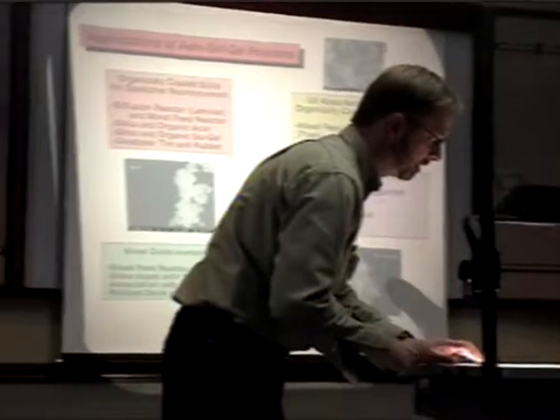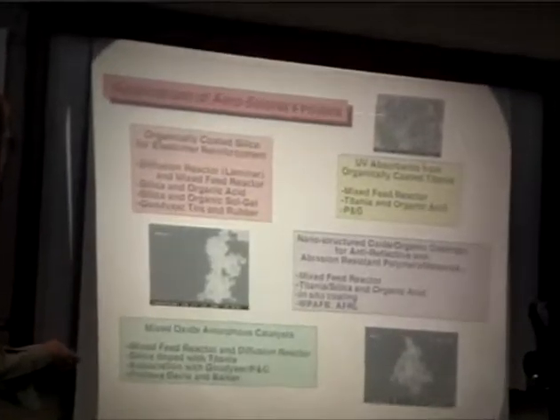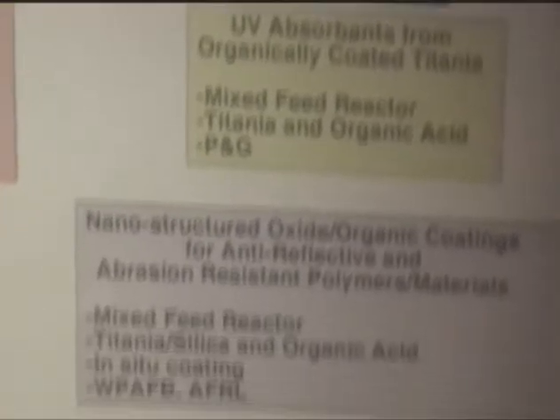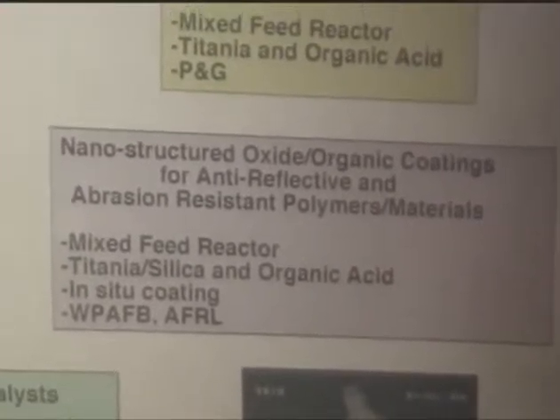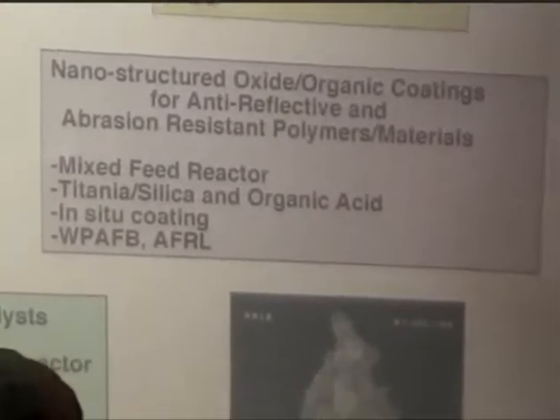One, this is one area where we're applying this kind of production of ceramic powders. We're also making organically modified silica as a reinforcing filler for polymers. We've also been working with P&G on this kind of UV absorbent business.